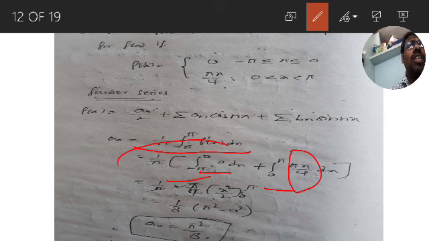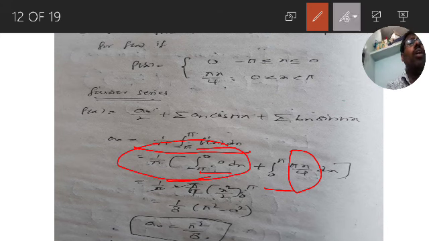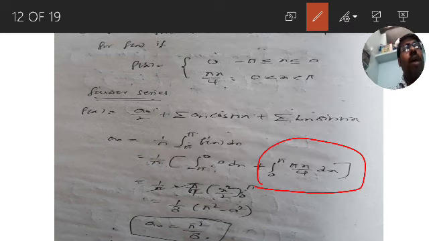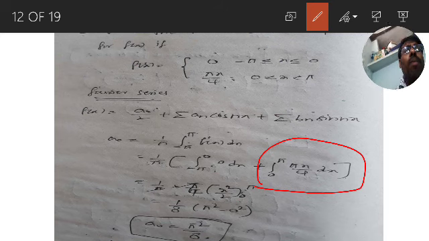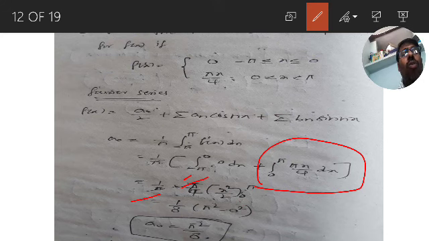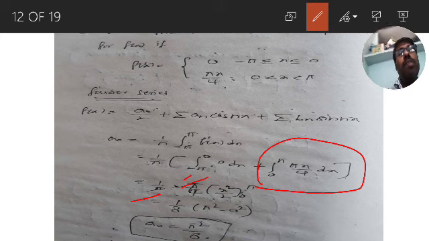So the first part is 0 no more, because 0 into something is 0. Now only the second part you have to find: 0 to pi x by 4 into dx. Pi by 4 is constant, and the pi cancels also. So the integration of x is x square by 2, and 4 into 2 is 8. Outside you have to apply upper limit minus lower limit for x square, that is pi square minus 0 square. 0 square is 0, therefore pi square minus 0 is pi square.